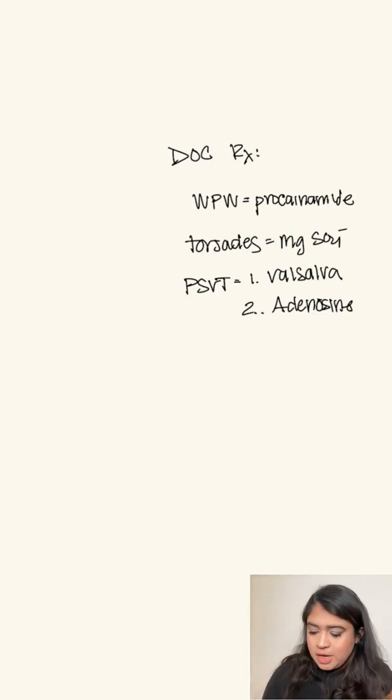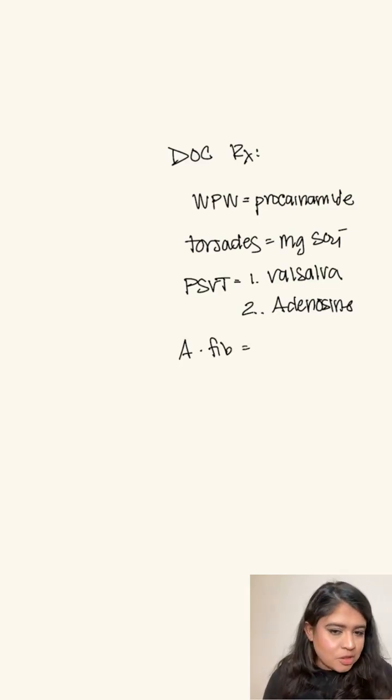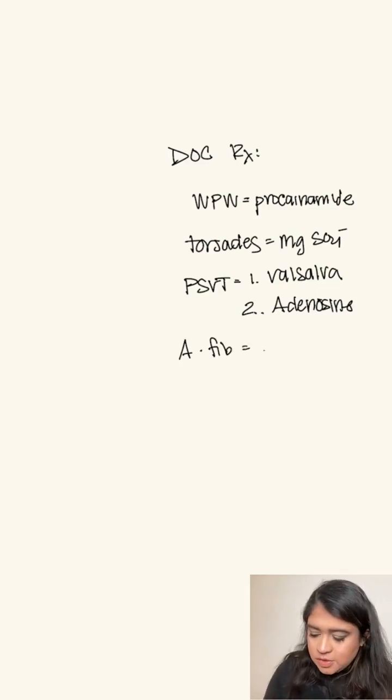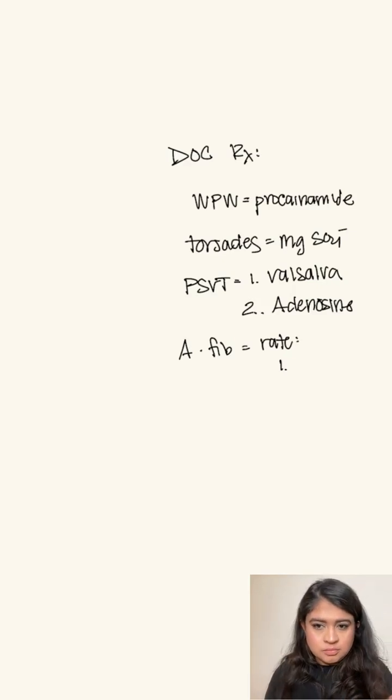Good. What is the treatment of stable atrial fibrillation? So atrial fibrillation, what's the first line for, let's say, rate control? What do you give? Nice, right? You typically give beta blockers.